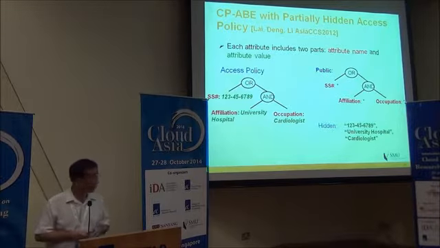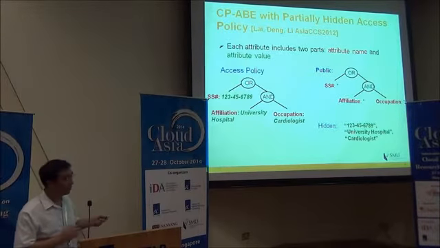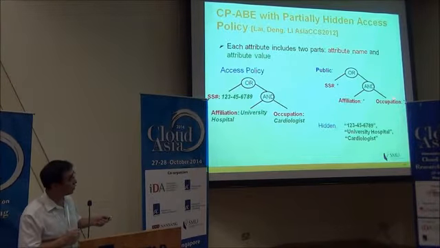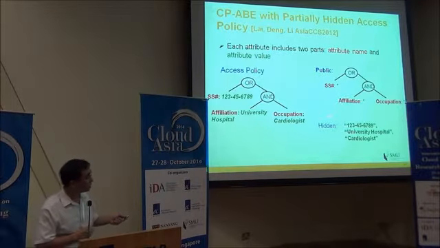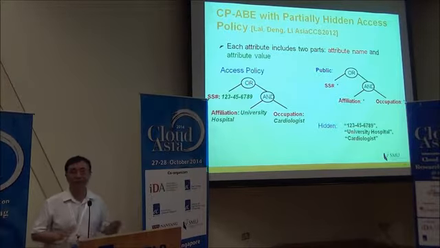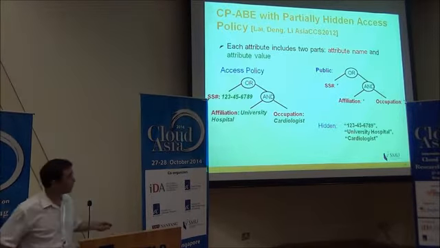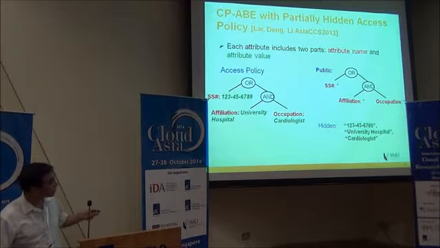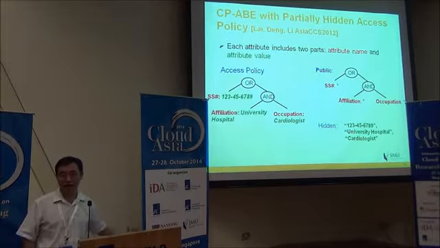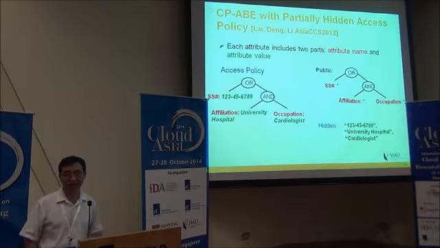So by doing this, in the policy, we only release the structure of the tree and the name of the attribute, but the values of the attributes are hidden. So if this is published on the web together with the ciphertext, it discloses very little information, because names are generic, values are specific.